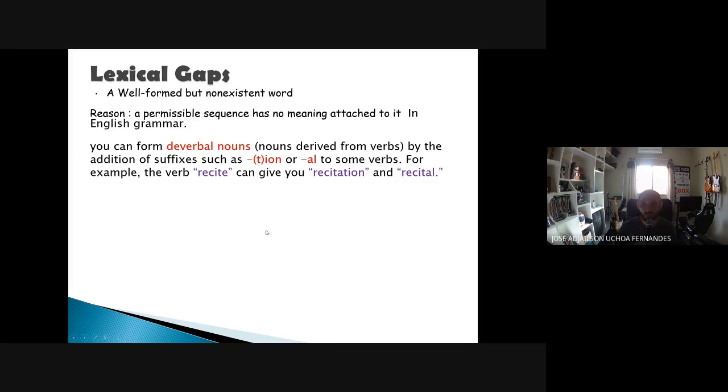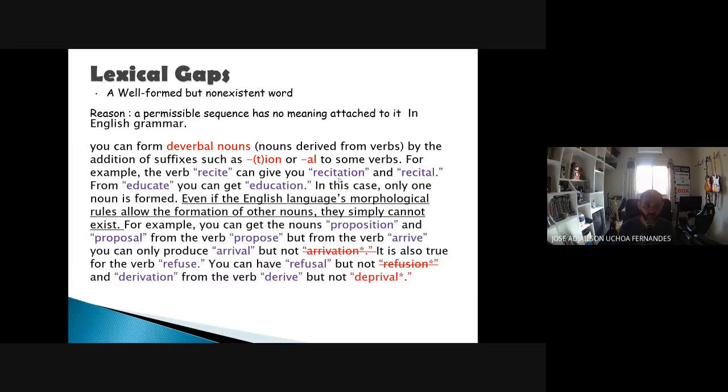Okay, so we have two different derivational noun forming suffixes, either -ation or -al. And both can be added to recite to form nouns. But take a look at what happens with other verbs. Let's take the case of educate. We can only get education, but we don't have educal. You see?